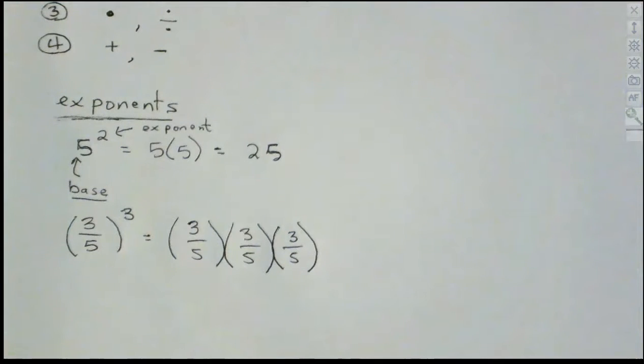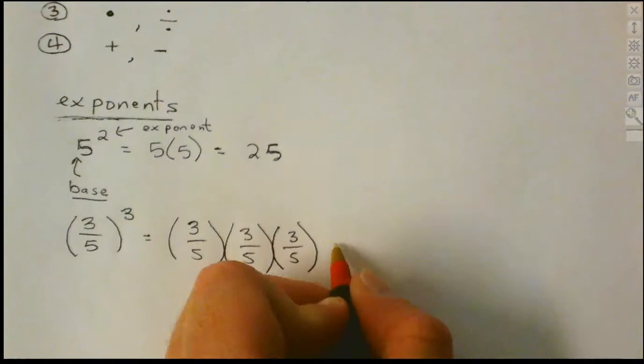Now what we've got to remember too is we do not need a common denominator. Why not? Well, the only time we need a common denominator is when we add or subtract. We're multiplying, okay? So we're not going to need any common denominators. All we do is multiply across.